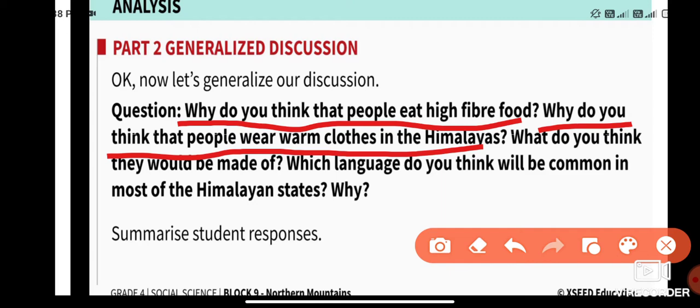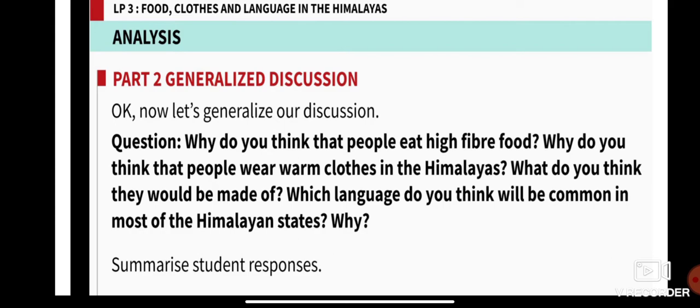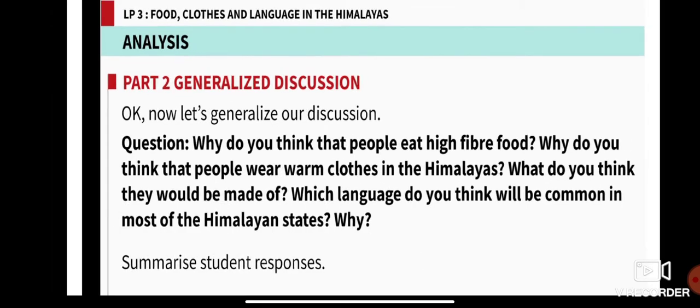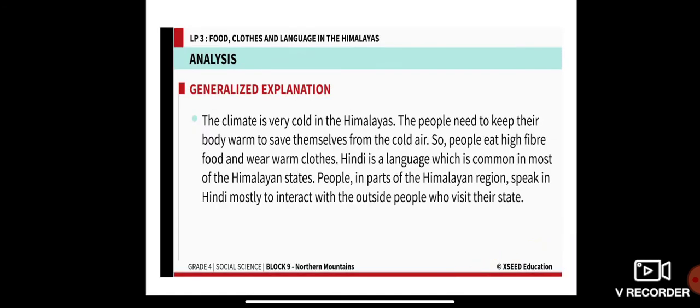What are the clothes made of? Which language do you think will be common in most of the Himalayan states and why? Please think about the answer for yourself, and then listen to the explanation properly.